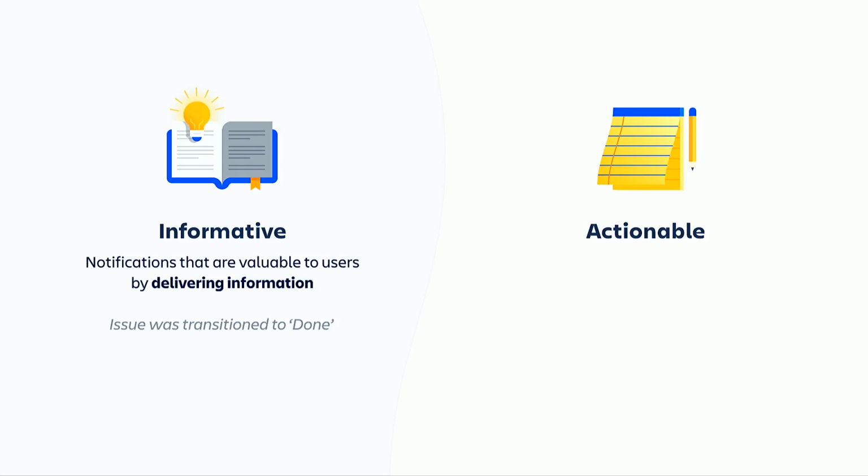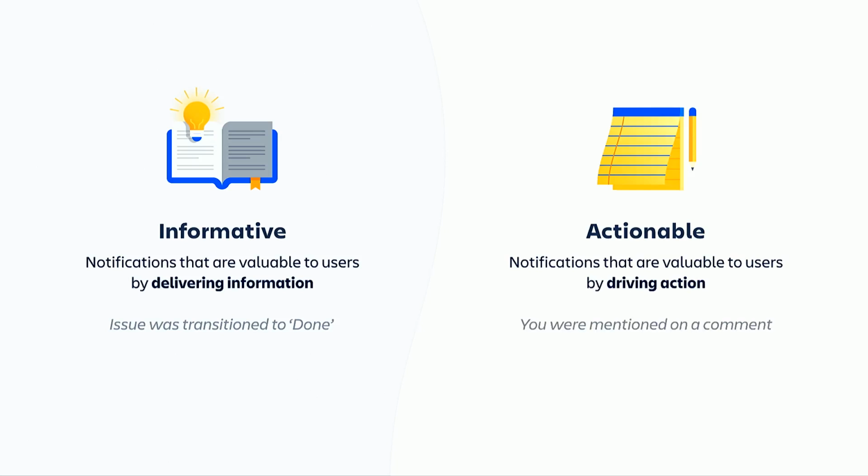Actionable notifications are emails that are valuable to users by helping them to drive action. So for example, a notification telling you that you were mentioned on a comment. Now here, we can still infer that the user found that email to be useful if they click through to the product to reply to the comment or like it.